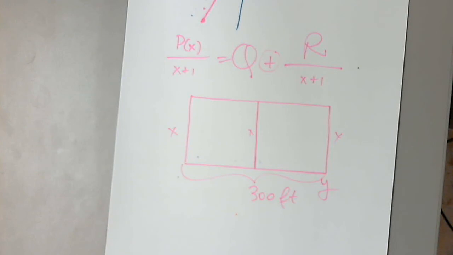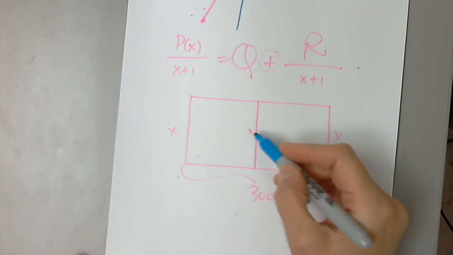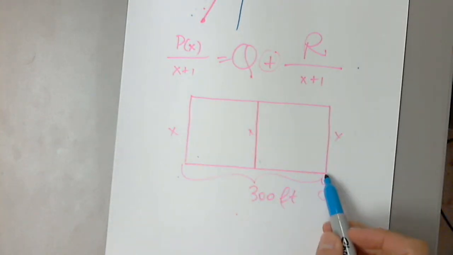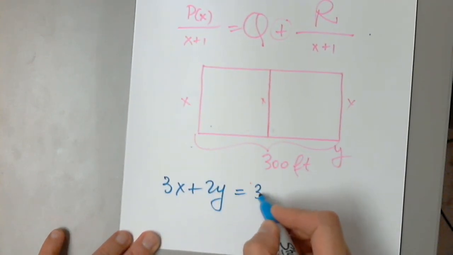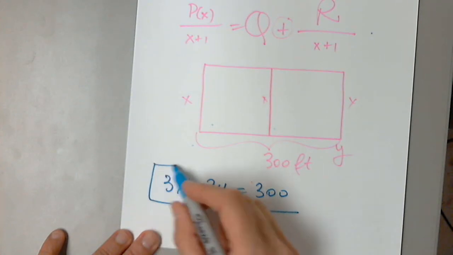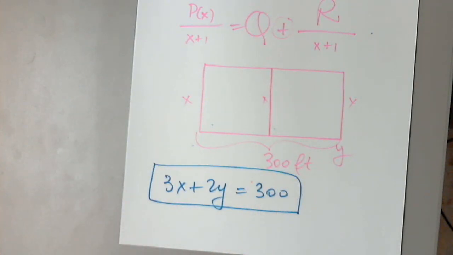We want to use it all, of course, and we want to determine x and y, the width and the length, so that the entire area is as large as possible. So we know that we have x plus x plus x, and we have y and y. So 3x plus 2y must equal 300 feet. Do we agree with that?